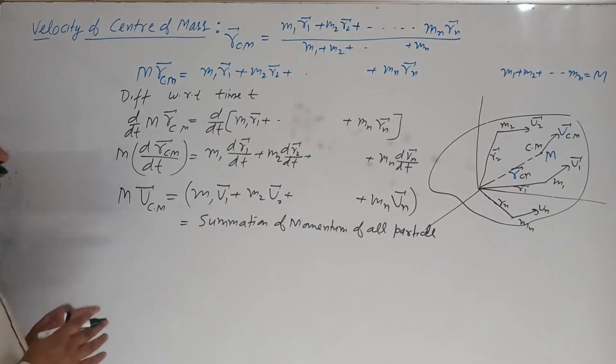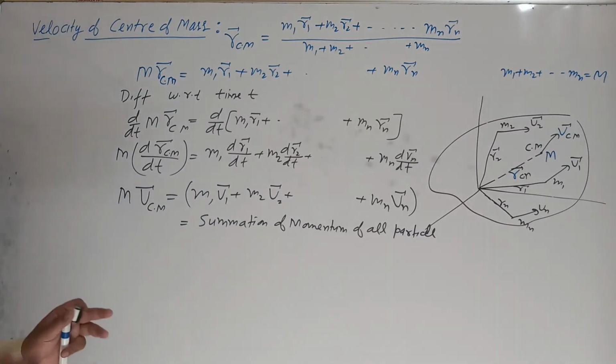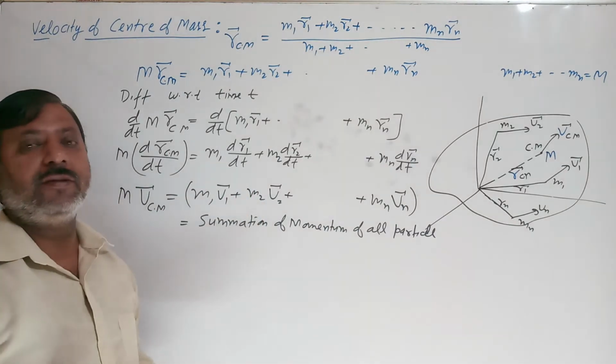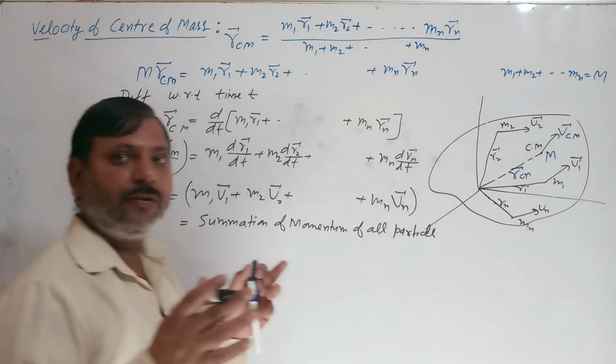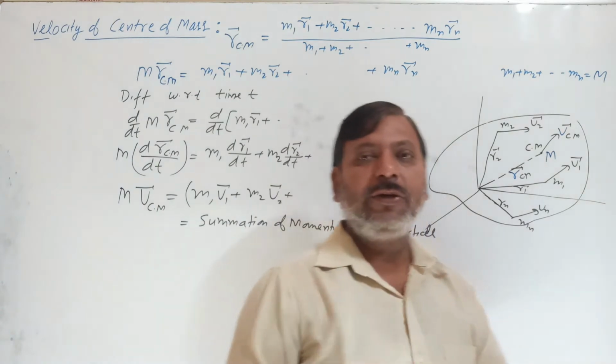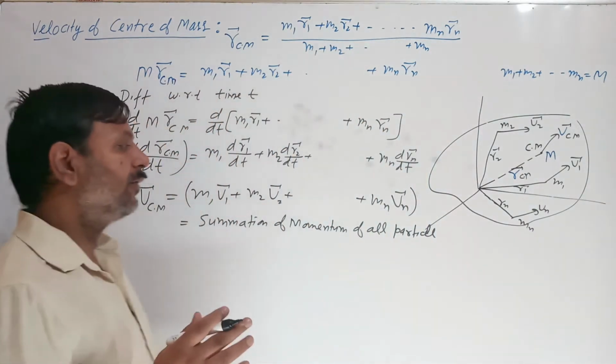So one result we have found: the total linear momentum of the system is equal to the product of total mass and velocity of center of mass.